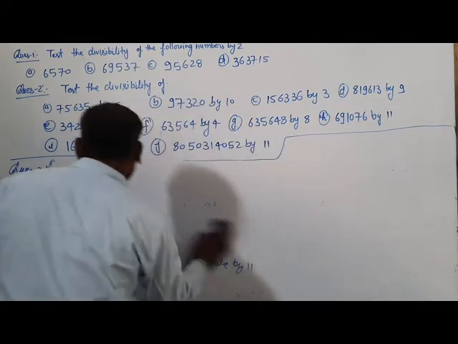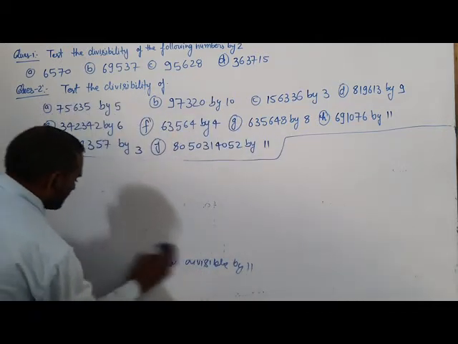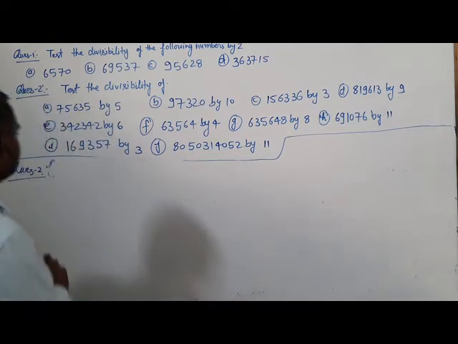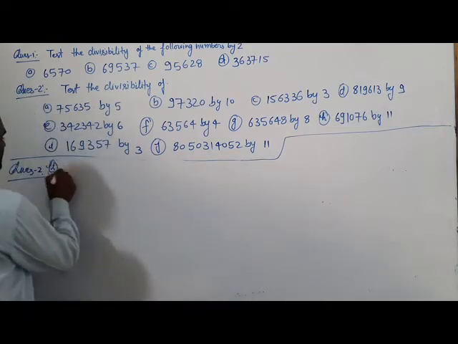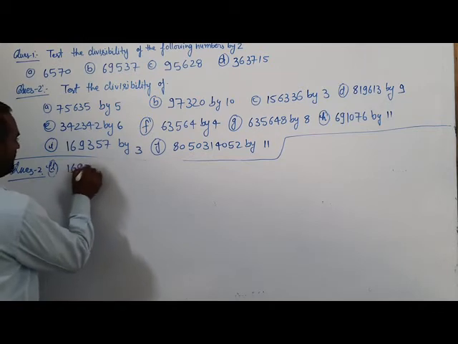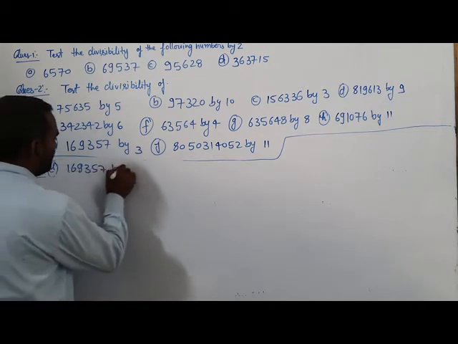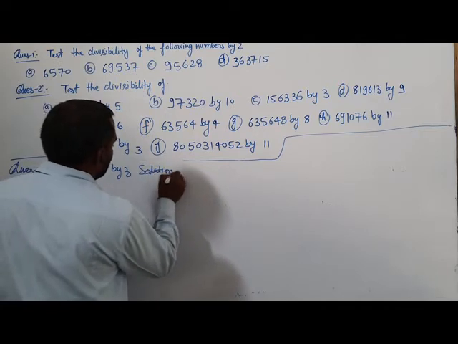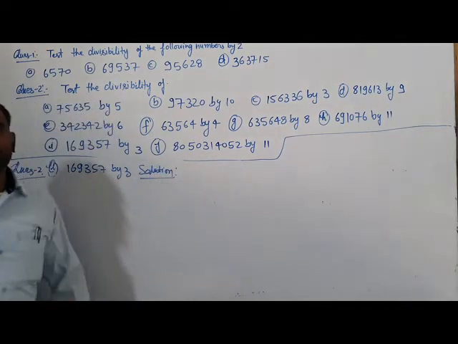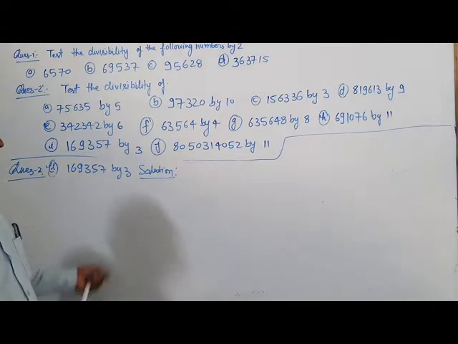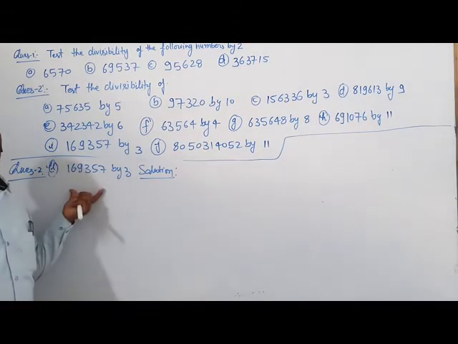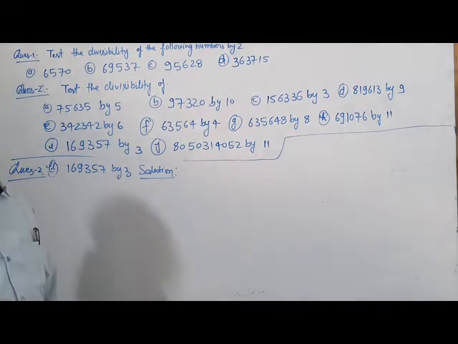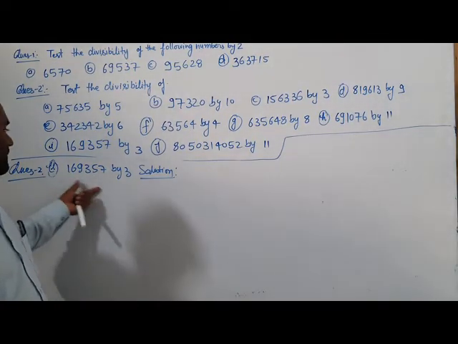Now test the divisibility of the next number. Next number is I: 169357 by 3. You know the divisibility of 3: if the sum of digits of a number is divisible by 3, then the number is divisible by 3.